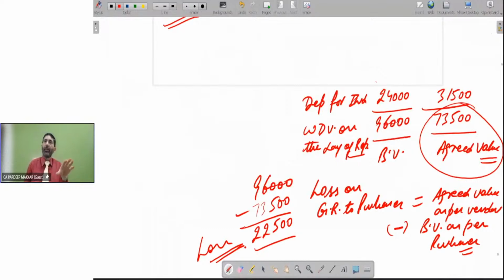In case of complete repossession, this is not a case. Whatever is the value as per vendor, that is balance in the books of vendor, will be used for the purpose of adjusting with the asset account. That's it. In this case, we have something different. We have to calculate the value as per vendor and as per purchaser both. दोनों के हिसाब से कैलकुलेशन करनी है. Whatever is the difference, that is your loss.